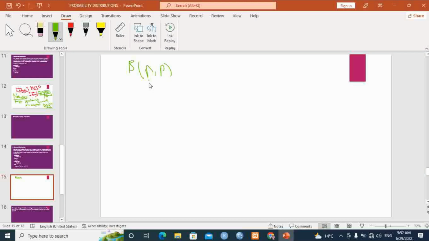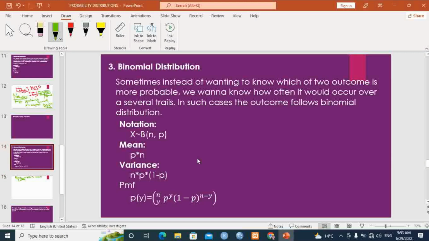We are saying this n is the number of trials, and this p is the probability of success.